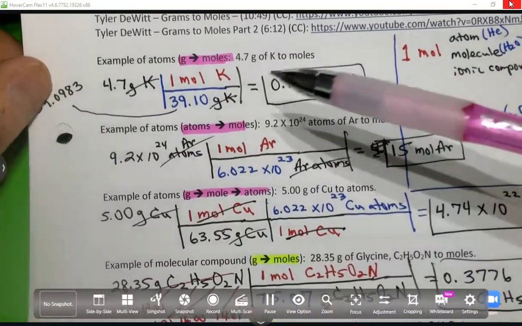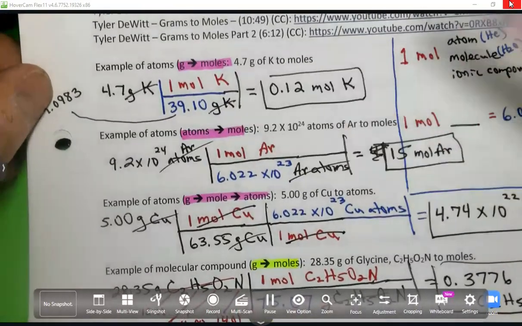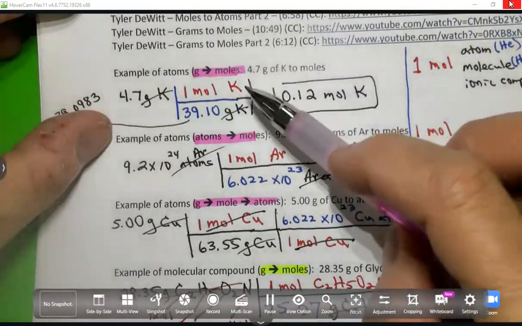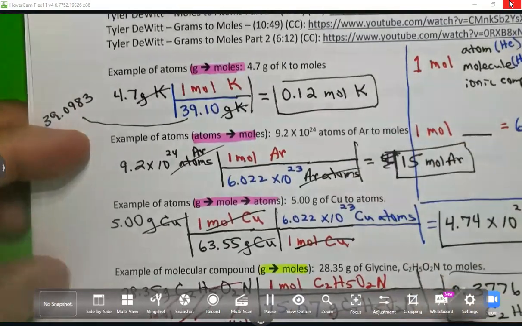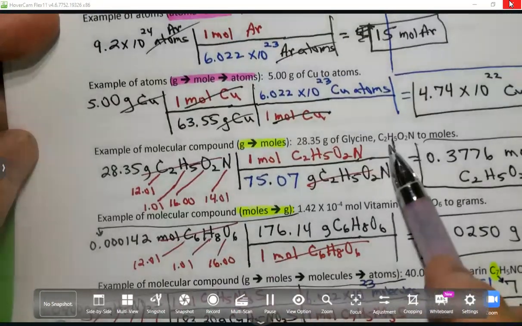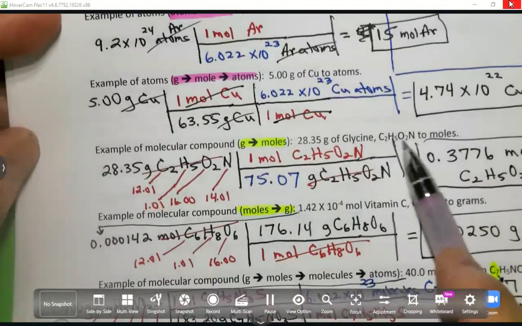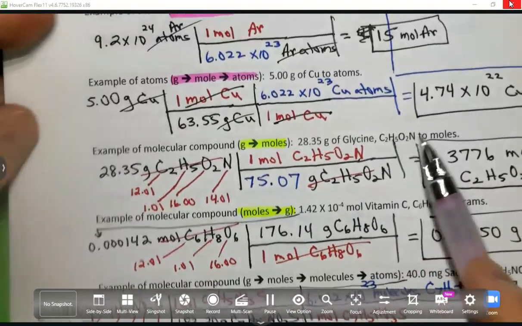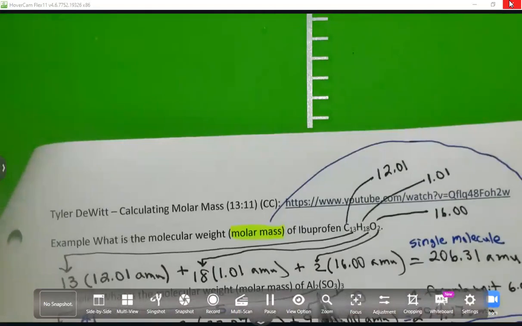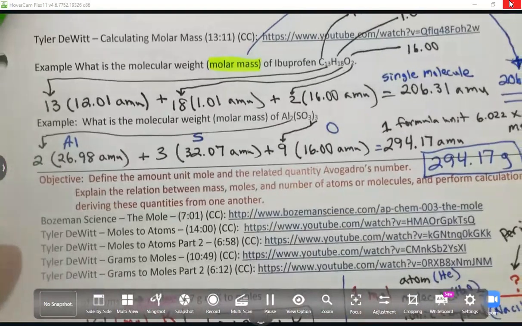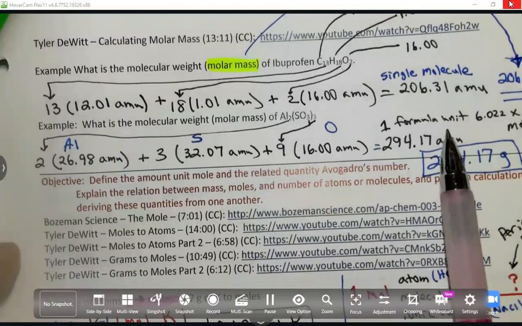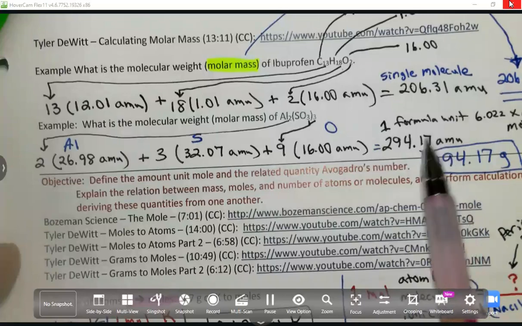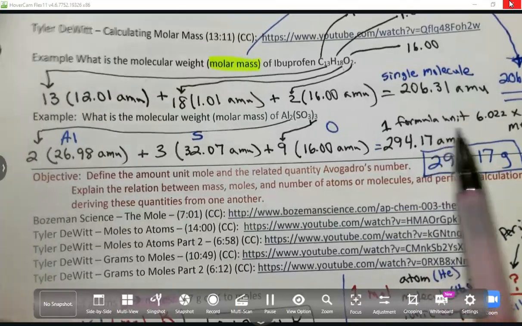Remember, a mole doesn't matter if you're talking about a mole of potassium atoms or molecules. Here we would use the term molecules. If something starts with a metal ion, we call it formula units or an ionic compound. But it's all the same.